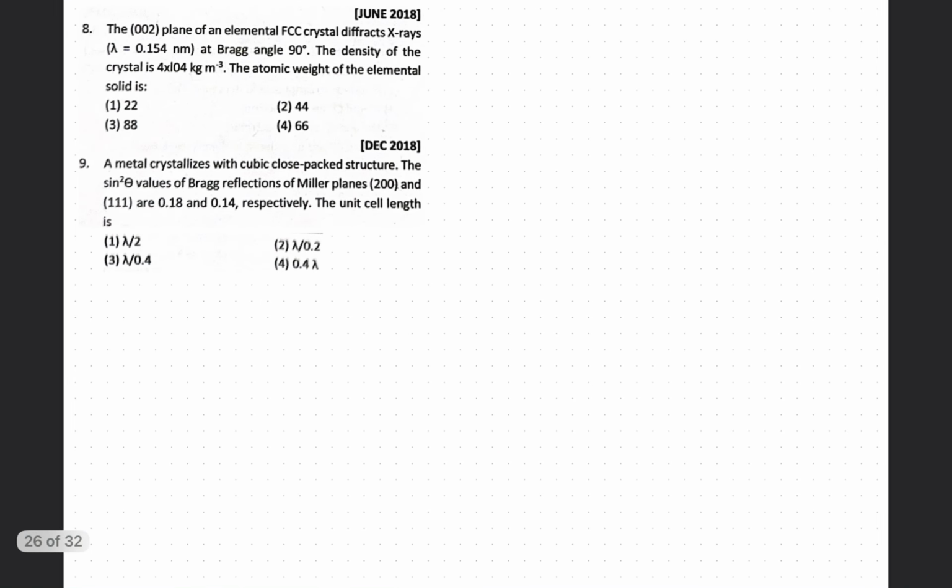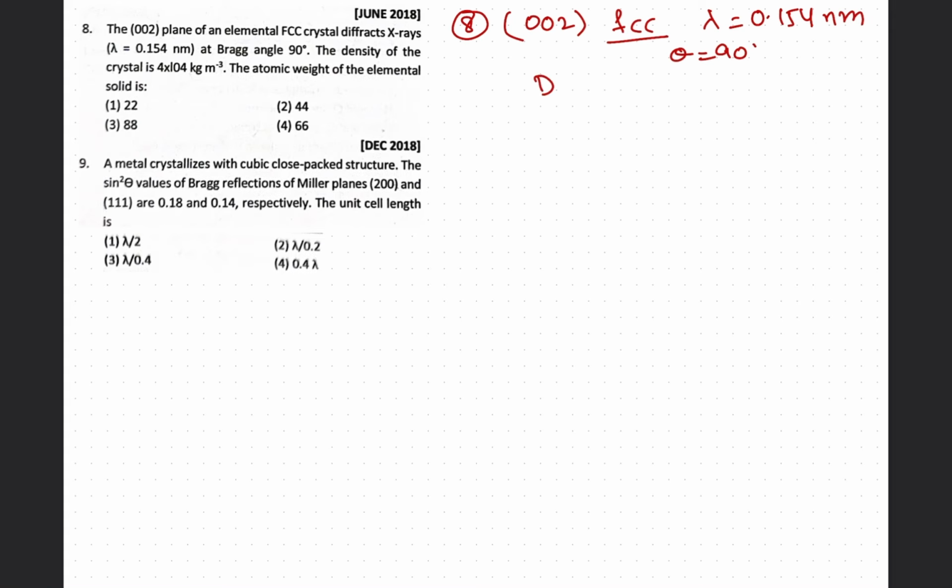Now moving on to the next question. Here given, the 002 plane of FCC diffracts X-rays of wavelength 0.1454 nanometer at an angle of 90 degree. The density of the crystal is this much per meter cube.